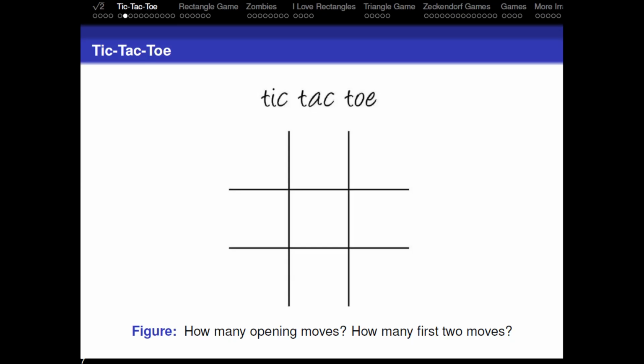But shouldn't there be 9 opening moves? Why should it be 9? Getting 8 opening moves.